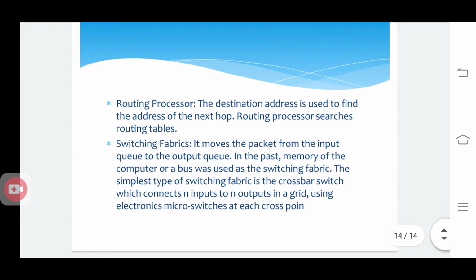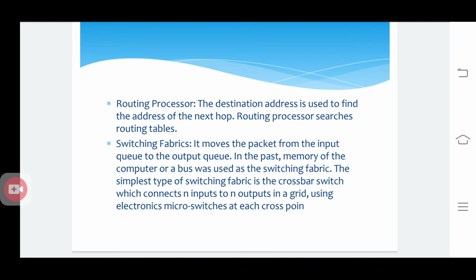Next we have the routing processor and the switching fabric. In the routing processor, the destination address is used to find the address of the next hop, and it searches the routing table. The purpose of the routing table is to get a correct route from sender to receiver. The switching fabric moves the packets from the input queue to the output queue.